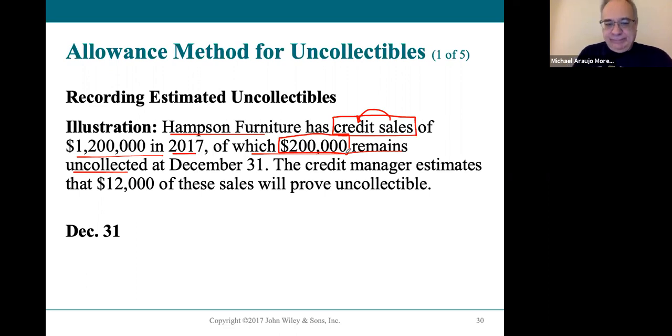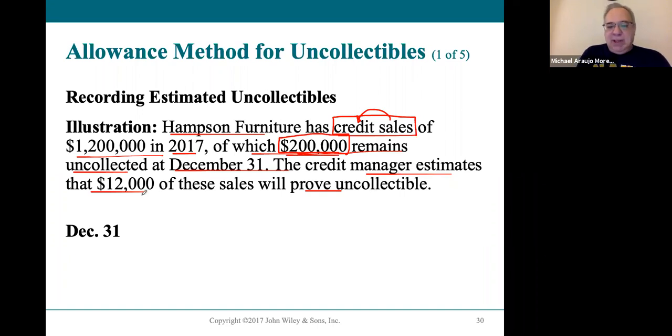Okay. It is now December 31st at the end of their fiscal year, and it's time to do this process of estimating their bad debt.